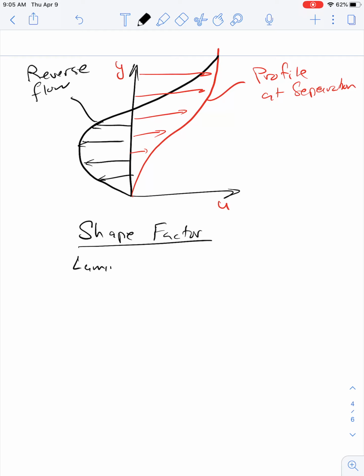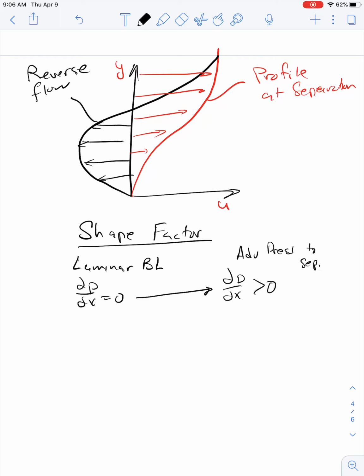So if we have a laminar boundary layer and we go from dp/dx equal to 0 to dp/dx greater than 0, an adverse pressure gradient, going to separation, then our shape factor H, remember that this is the ratio of delta star over theta, is going to go from 2.6 to about 3.5.